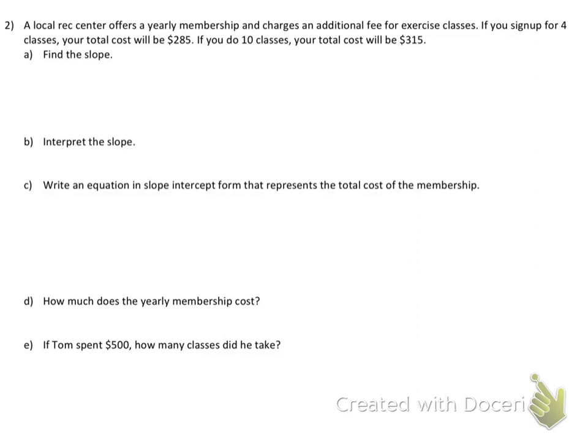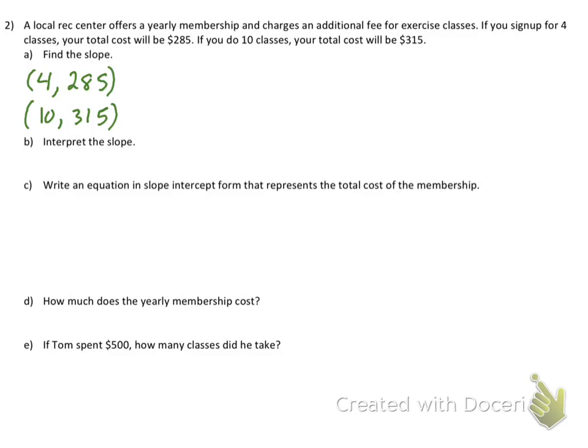So what we have instead is we have 2 points. We have that 4 classes cost $285. And we have 10 classes cost $315. So if I pull those 2 points from this problem, what I can do is actually find the slope of this situation.